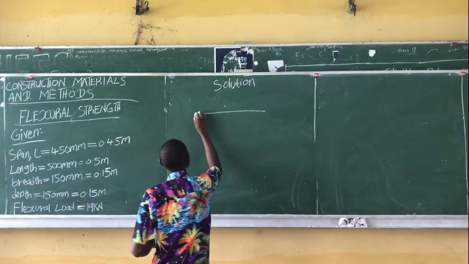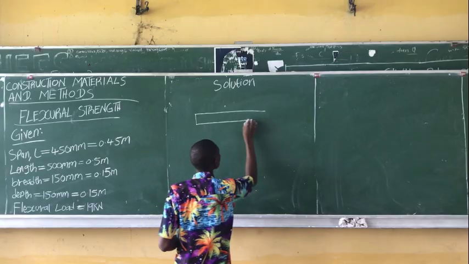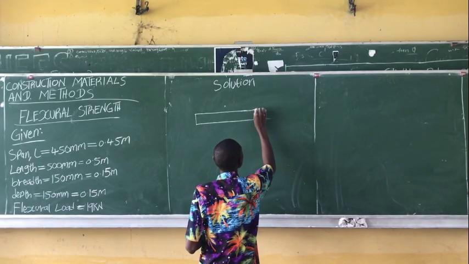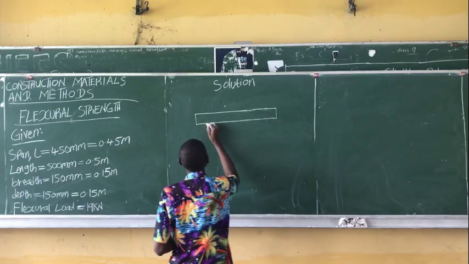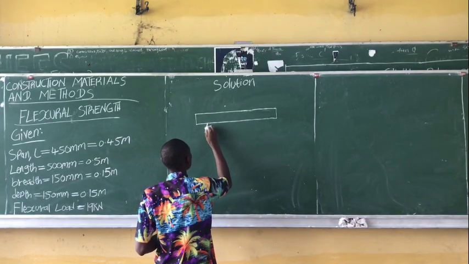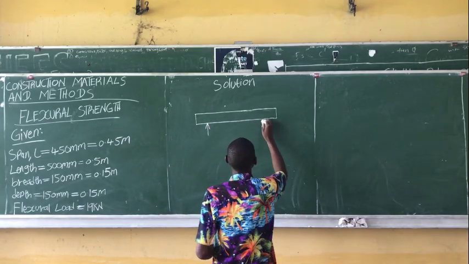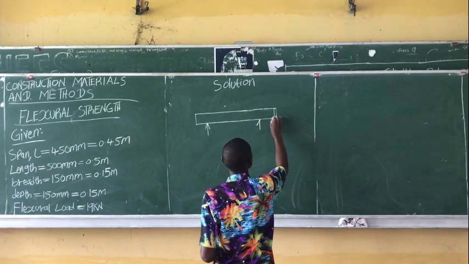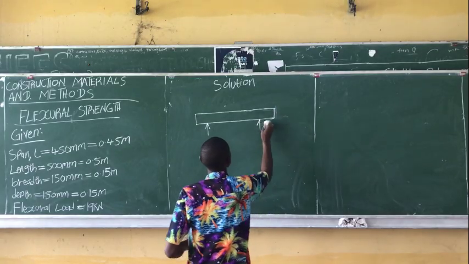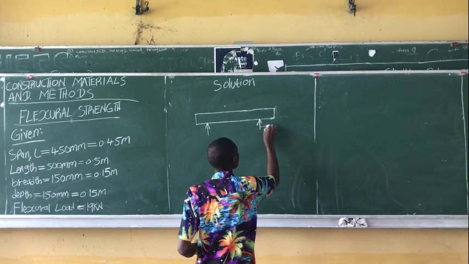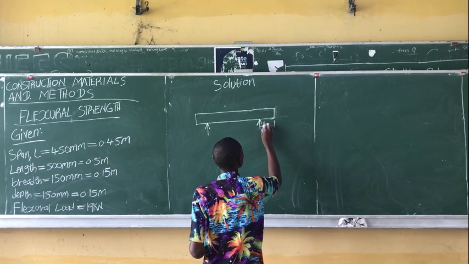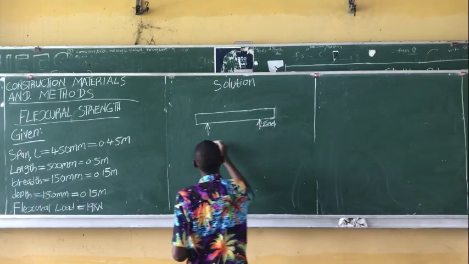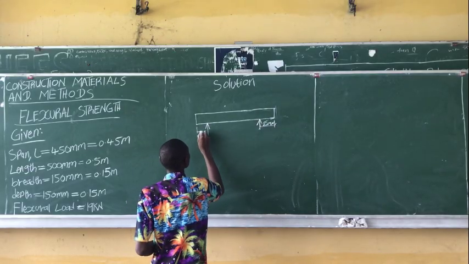So for the 3-point method, we are assuming that we have a beam, okay, and then we have two supports, simply supported, and the supports are acting 25 millimeters from the end of the beam.